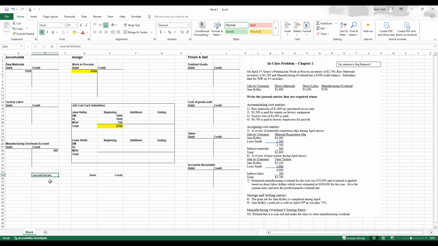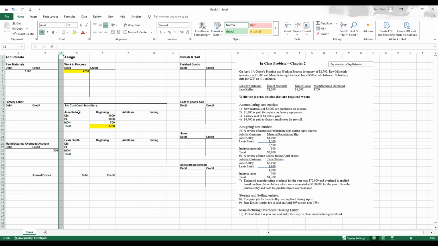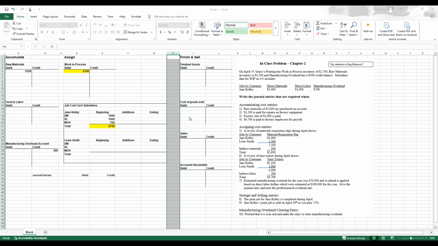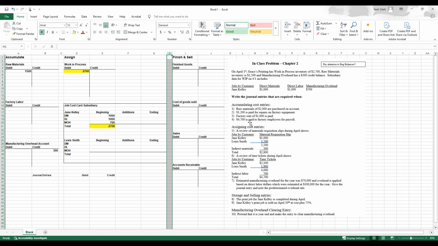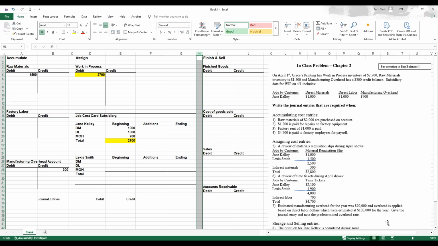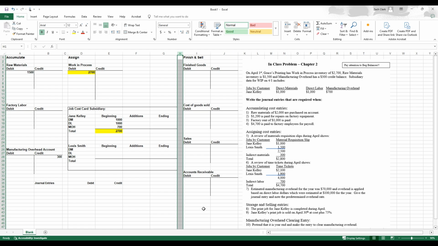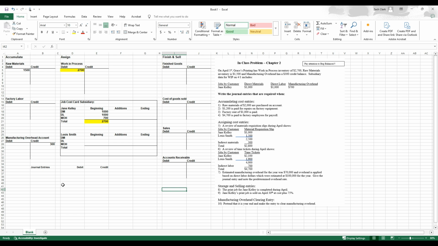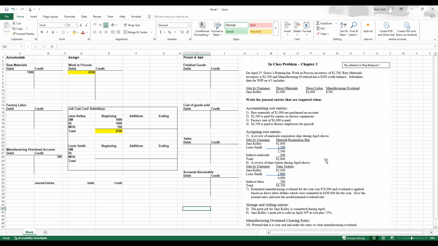It looks kind of funny when it's so spread out. I'm going to make the column width a little smaller just to fit this better onto our screen as you all are watching me. No, that didn't work. Trying to see how I can get this to fit the screen here. Okay, I think that's good.